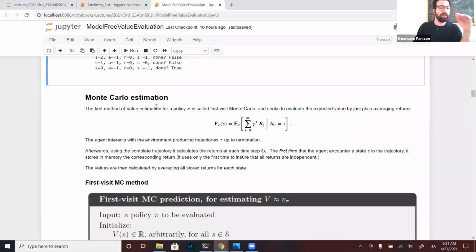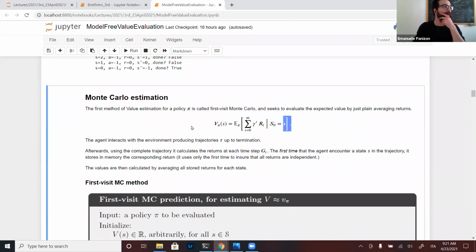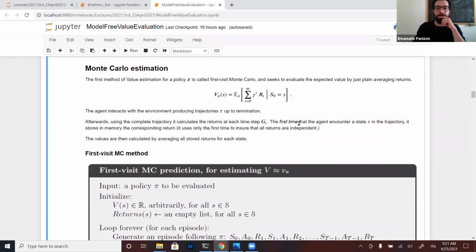Okay, the first algorithm is the estimation by Monte Carlo, which does basically what is written here in this section. I see Mike. Okay, essentially, we want to collect the values of this return, and we want to average them out.